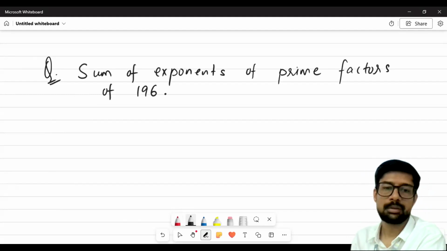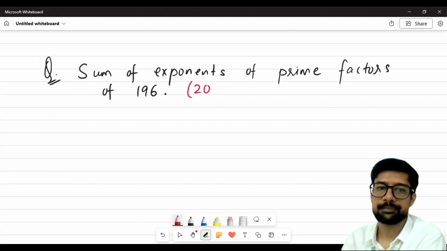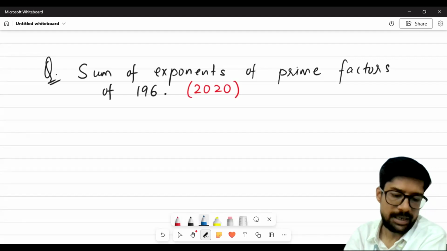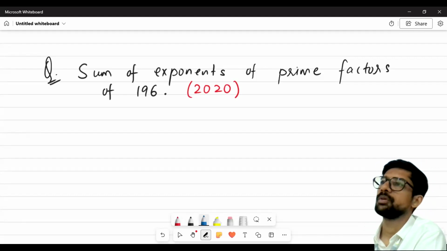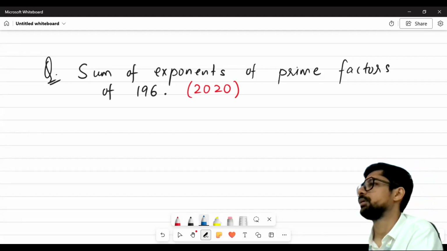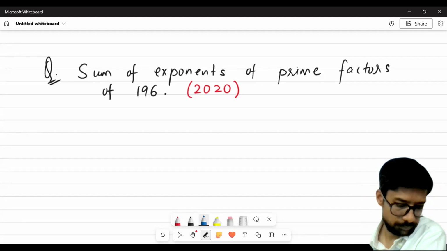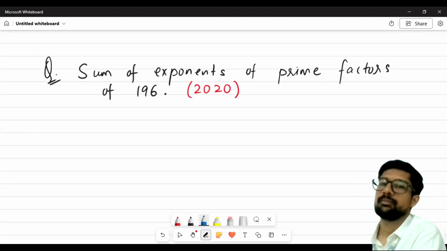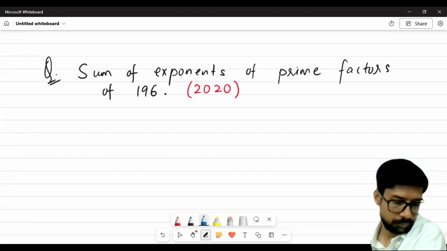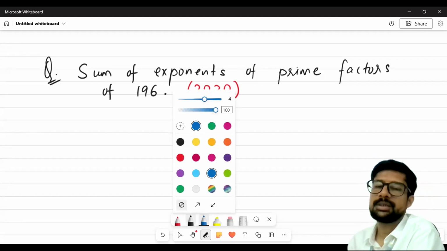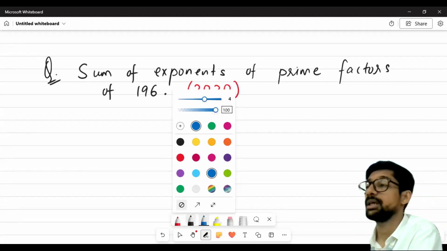Okay, that's it. Let's do this: in the prime factorization of 196, the sum of all the exponents that come, that's all. This was asked in MCQs.